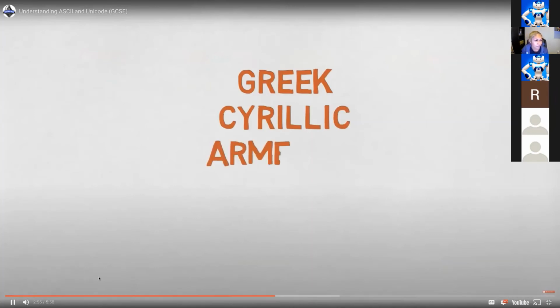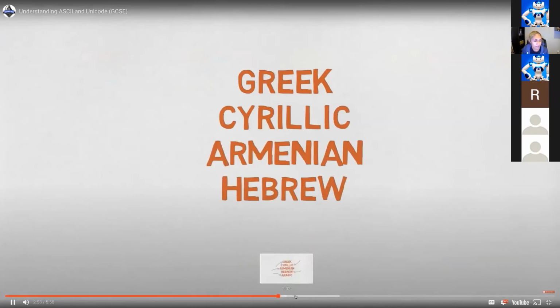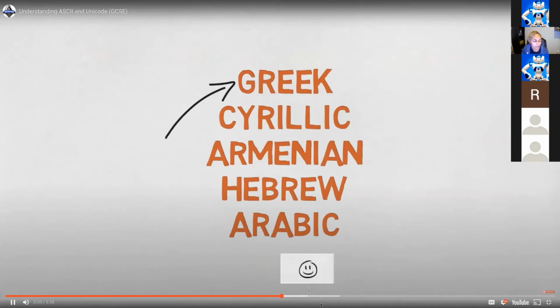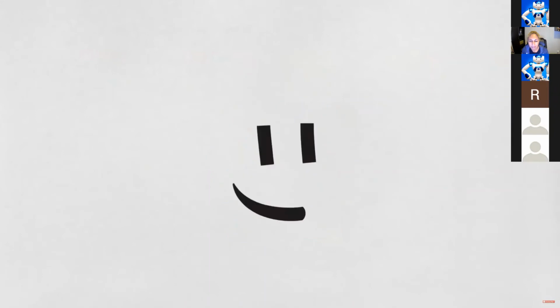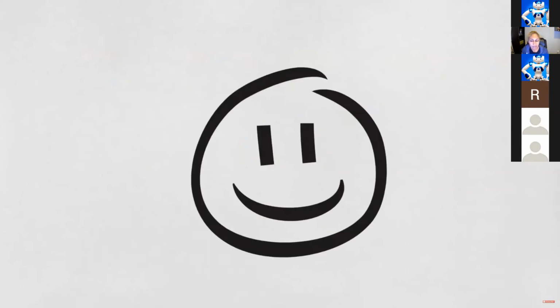Characters seem fine, but they fall far short of the number of characters that we often need to represent. These languages, for example, are not represented in standard ASCII. So how can we represent all these different characters and symbols, as well as the wide range of emojis?